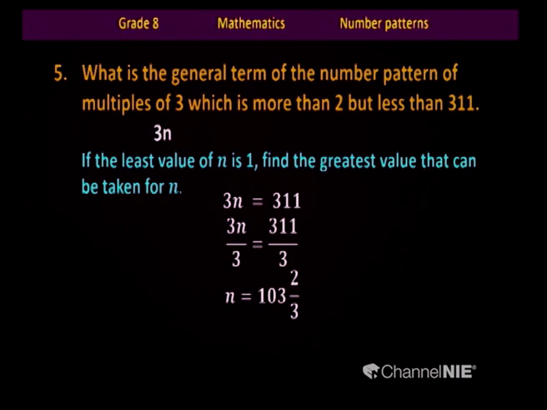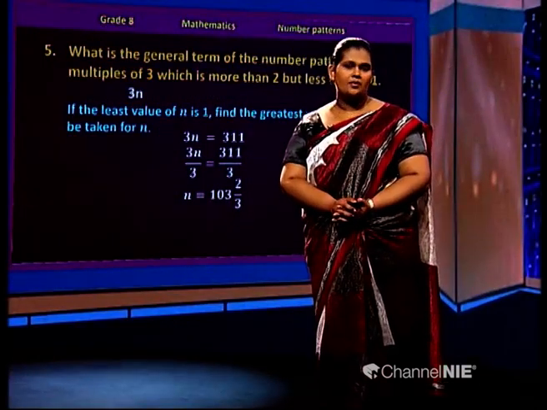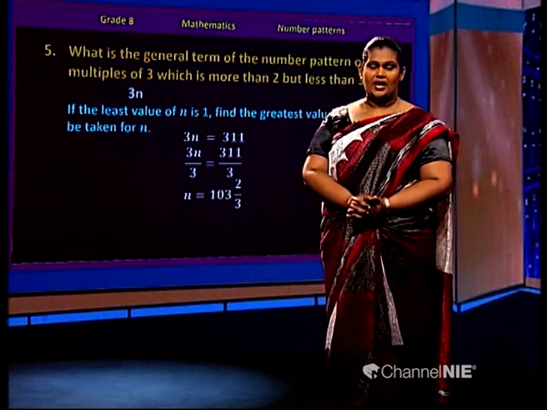Right. As I have mentioned before, 311 is not a term of this number pattern. It is not the value of a term, but this answer would help us to find the greatest term or the last term of this number pattern. Right.